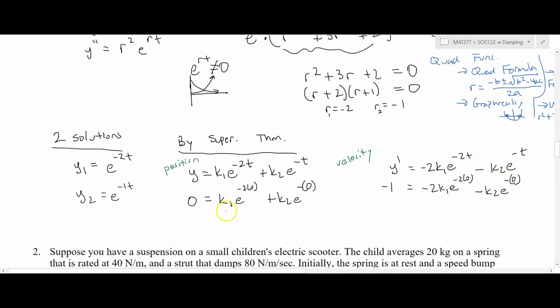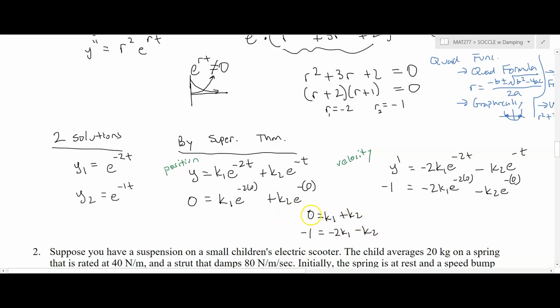The nice part about these exponentials is that e to the 0 is 1, so we have two equations. This one gives me 0 equals k1 plus k2, and this one gives me -1 equals -2 k1 minus k2.